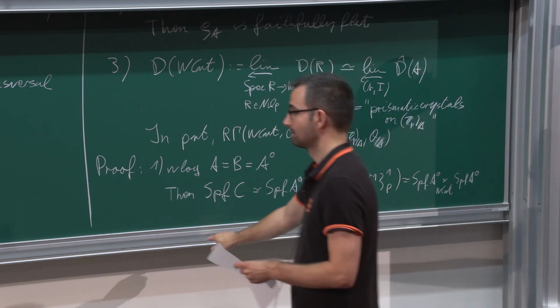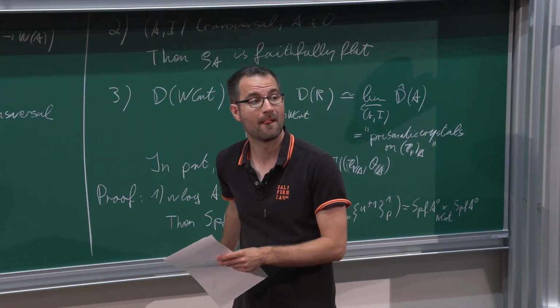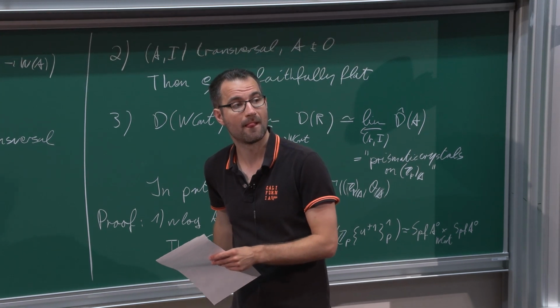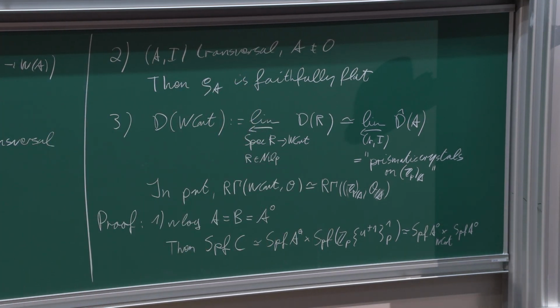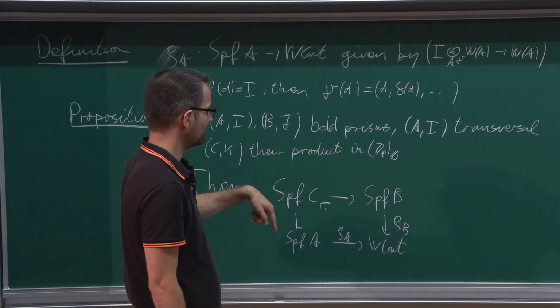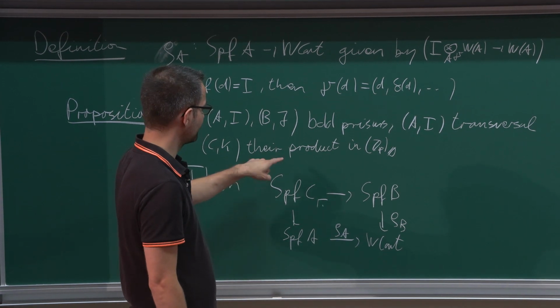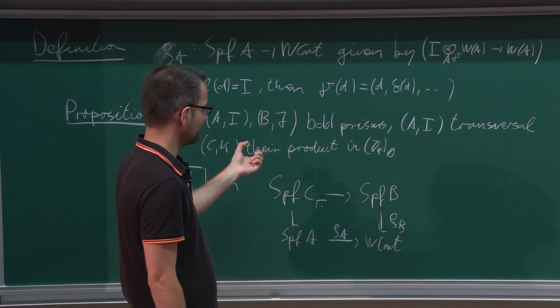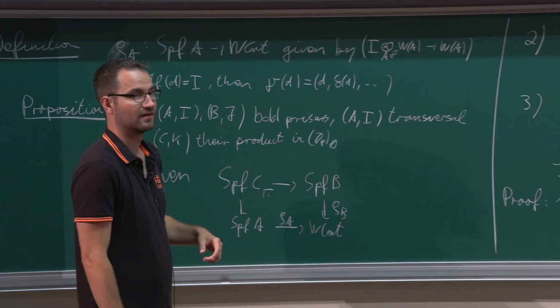But you assume that (A, I) is transversal. So once you do this, you can pass to arbitrary A and B. Yes. Even without transversality, I don't know. So because you have fiber products, you said in general, or? Because at least one has fiber products in general in the prismatic site, say at least if one of the two prisms is transversal.